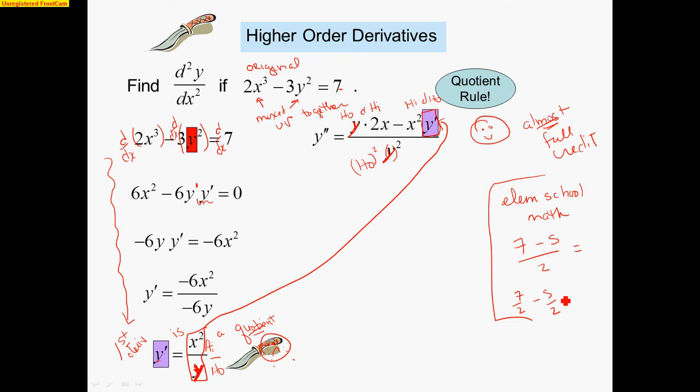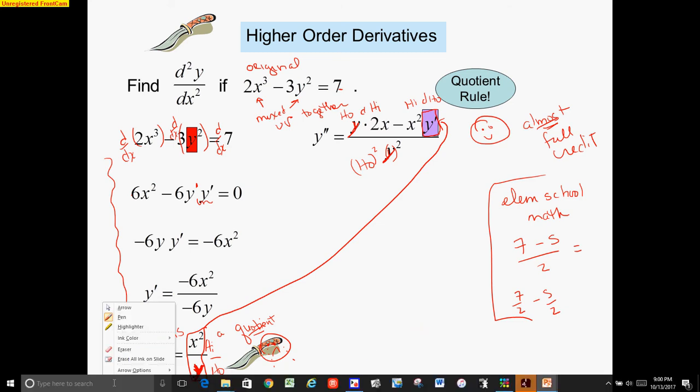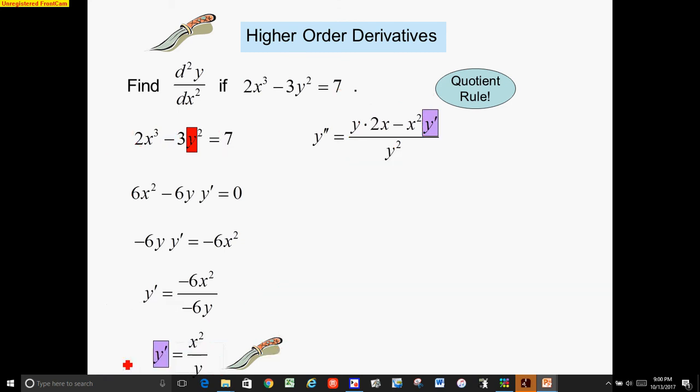So if that's true, watch what I'm going to do with this second derivative expression. I gave the denominator y squared to y times 2x over y squared, and then canceled a y to the first, leaving me with 2x over y, minus x squared y prime over y squared.